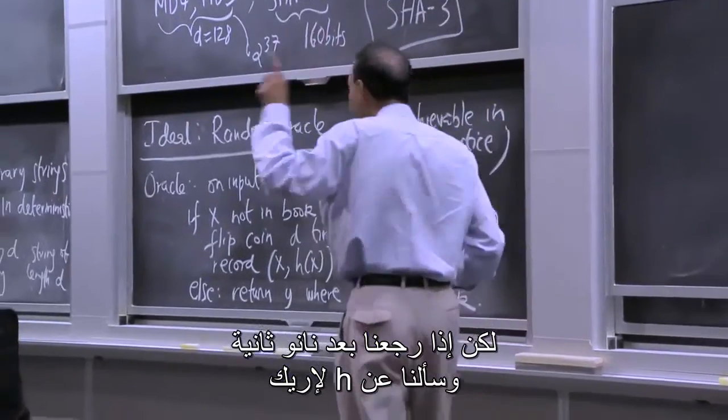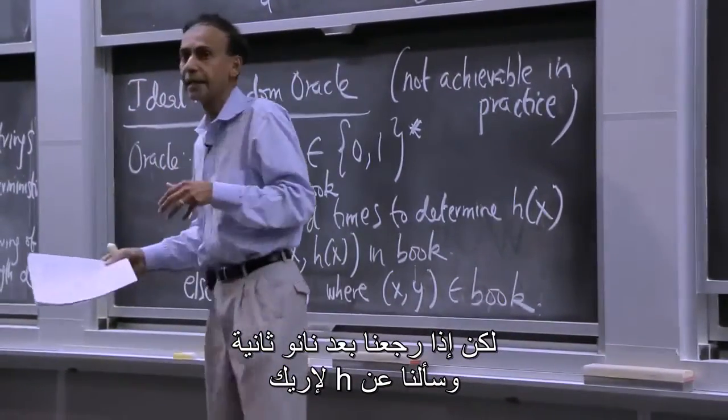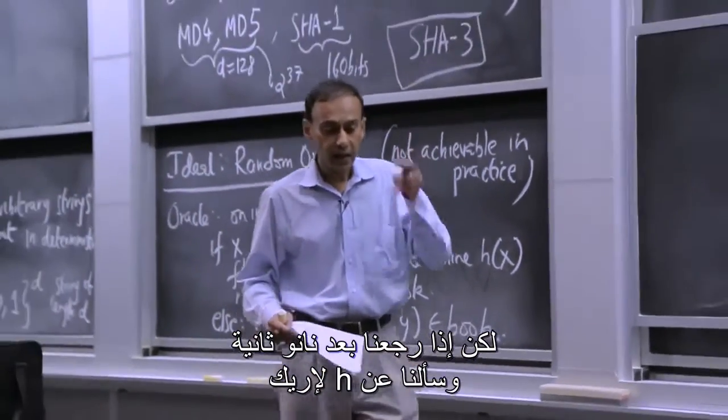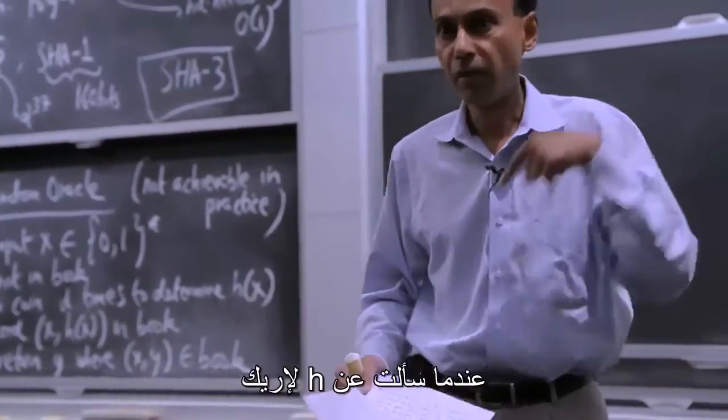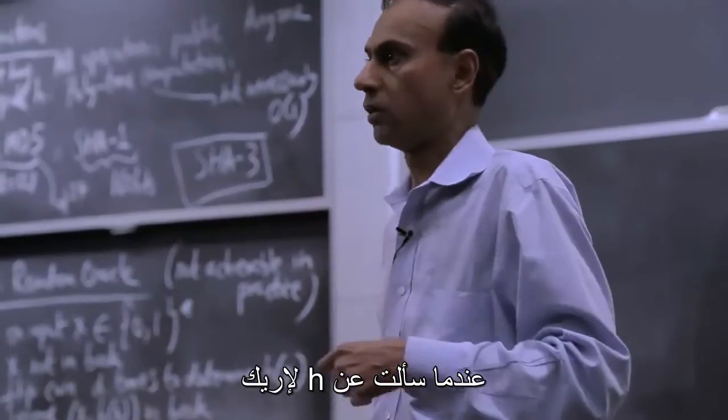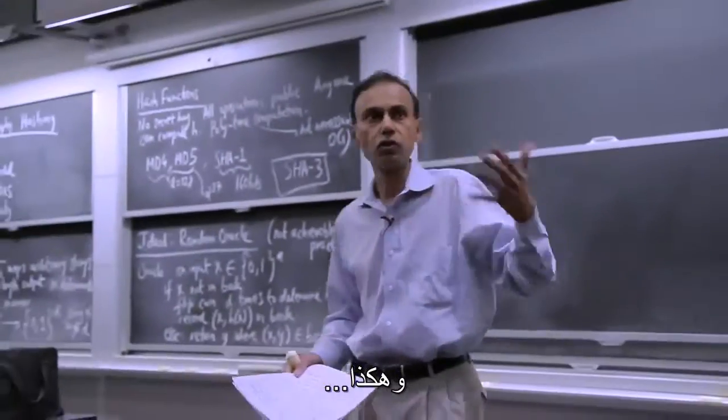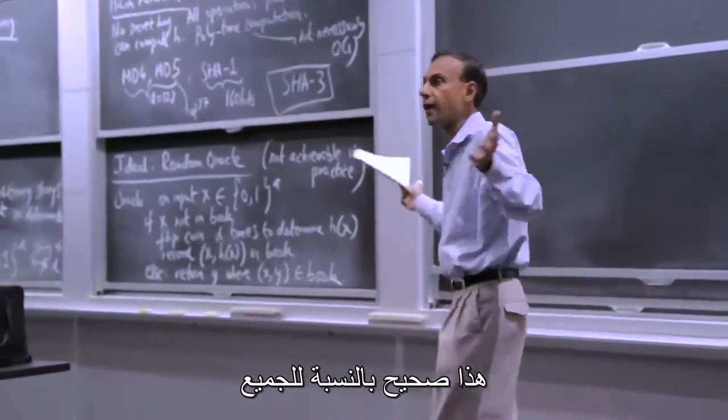But if you come a nanosecond later and ask for h of Eric, you should get exactly what got put into the book when I asked for h of Eric, right? And so on and so forth. So this is true for everybody.